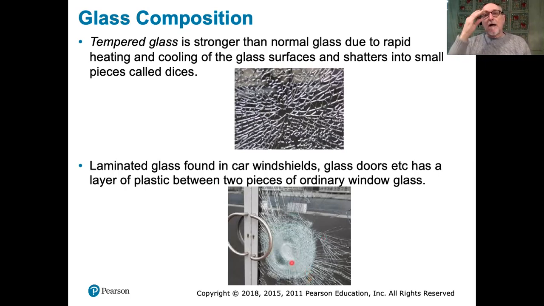Now, bulletproof glass is just like this. It's the same principle, except you have several thick layers of glass and several layers of plastic. And it drastically slows the velocity of a bullet passing through. It may not stop it entirely, but if a bullet should make its way through a piece of bulletproof glass, the velocity of the bullet is so slow that it does only minimal damage if it gets through at all.